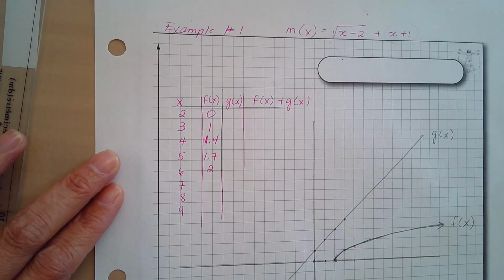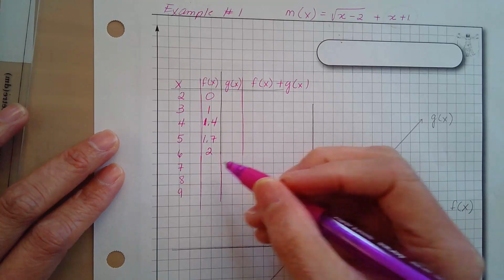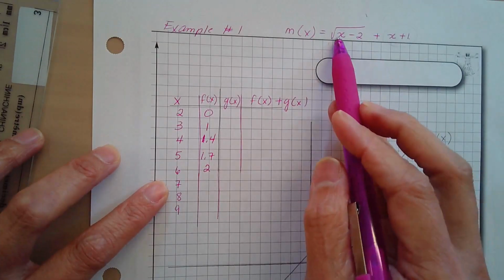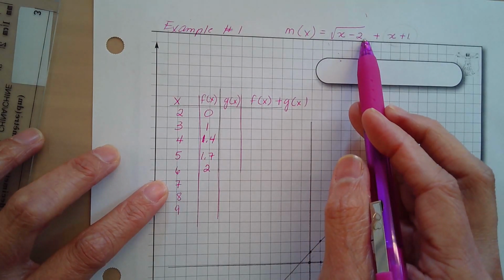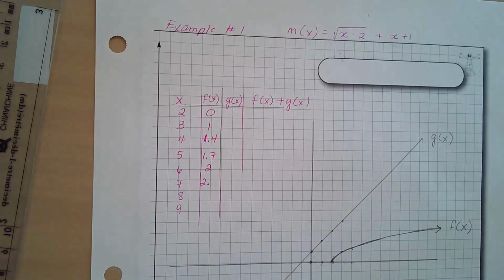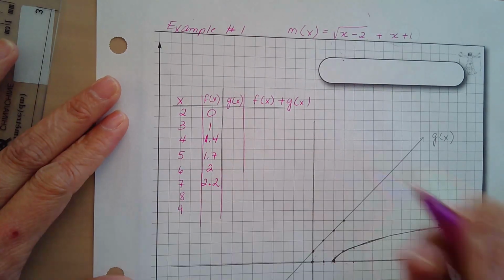Should we continue on? 7, 8, and 9. So this is going to be, if x is 7, 7 minus 2, so that's the square root of 5. It's going to be 2.2-ish, okay, 2.2.